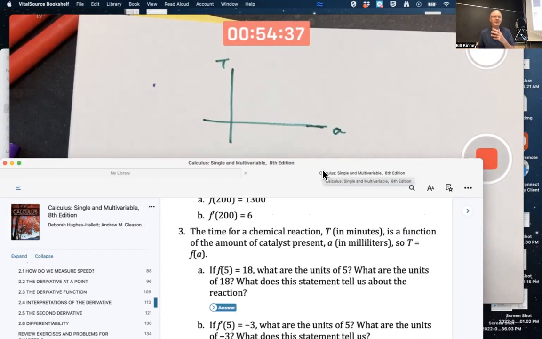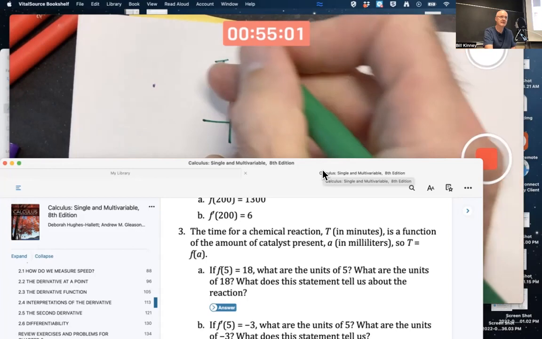I hope it's intuitive that the more catalyst you have, the bigger A is, the faster the reaction will be. Since T is a time of reaction, that means T will be smaller. When T is smaller, that corresponds to a faster reaction. So as A increases, T should decrease.